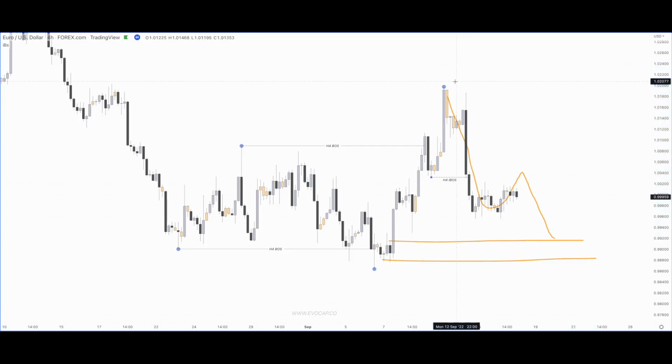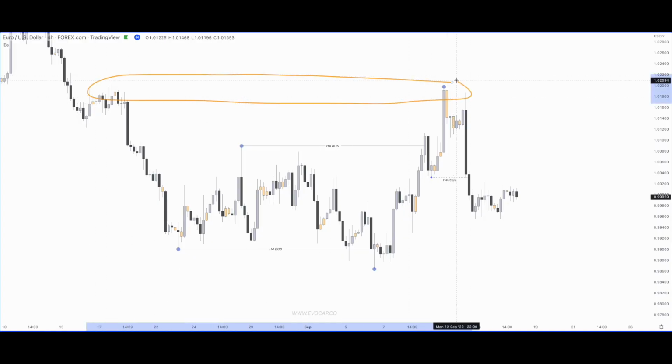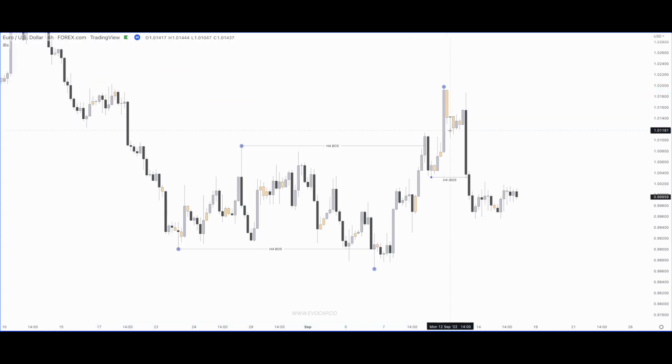But we also know that the daily time frame has mitigated a pretty decent area, a premium level of supply, and we've seen a very aggressive reaction from that level. So it's possible that now the internal trend will remain bearish until we take out this strong 4-hour swing low.